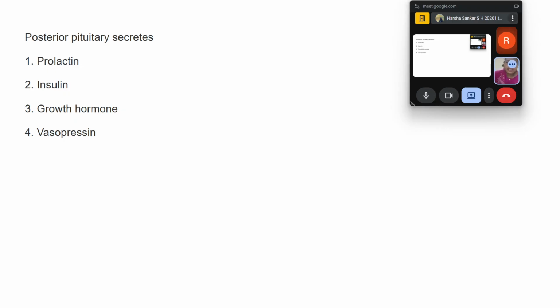Posterior pituitary secretes dash: prolactin, insulin, growth hormone, vasopressin. It is about posterior pituitary.